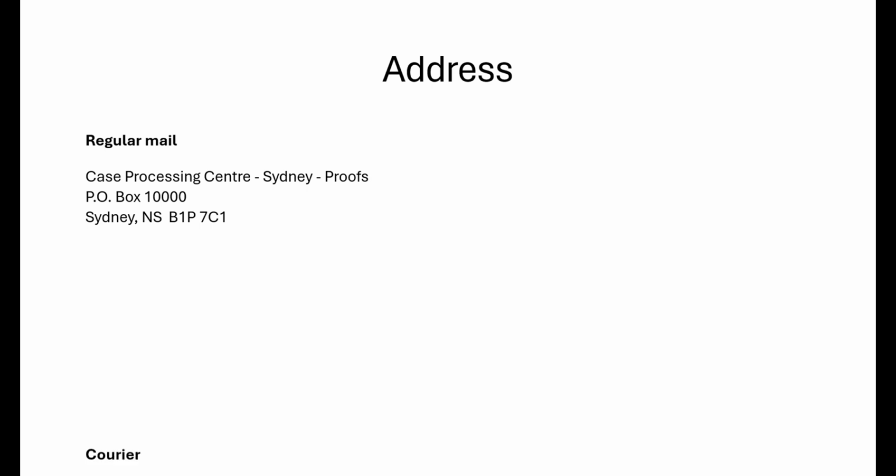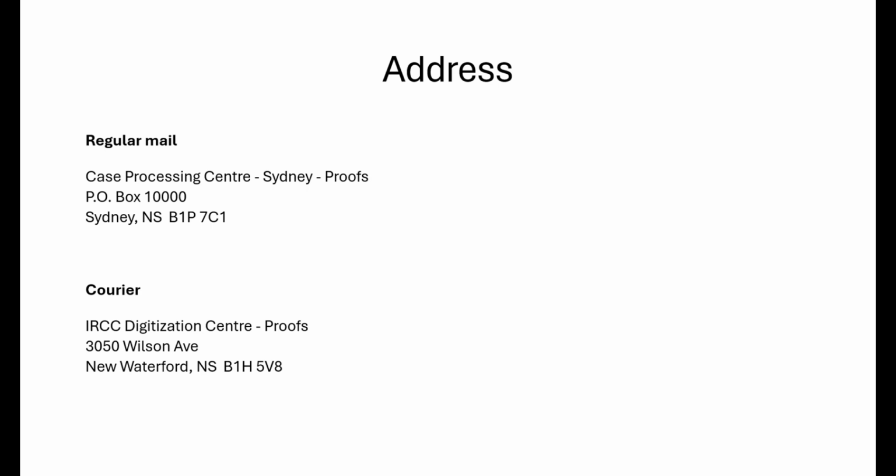The first one is by regular mail, that is the Case Processing Centre in Sydney, the Proofs department, the division. The PO Box 10,000 in Sydney, Nova Scotia. And the second one is courier, also in Nova Scotia, in New Waterford. Okay, so those are the 2 addresses that you can send it to.